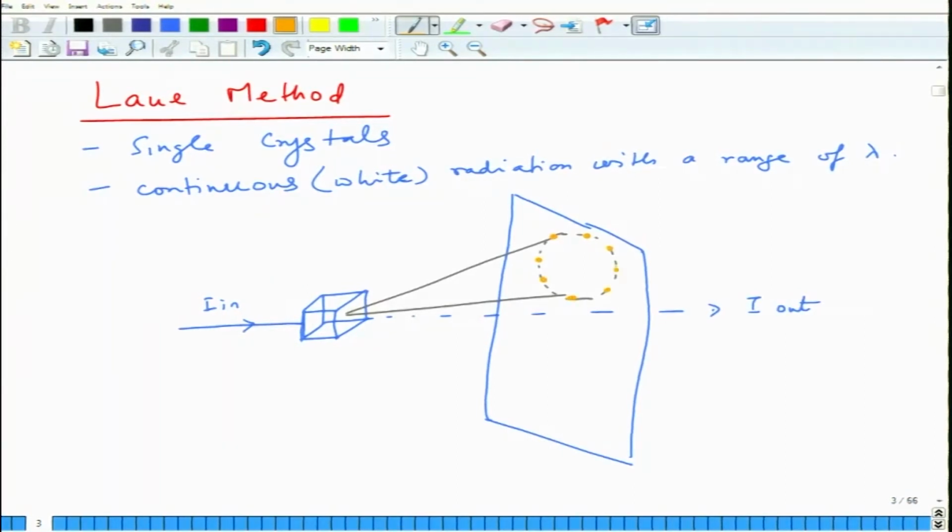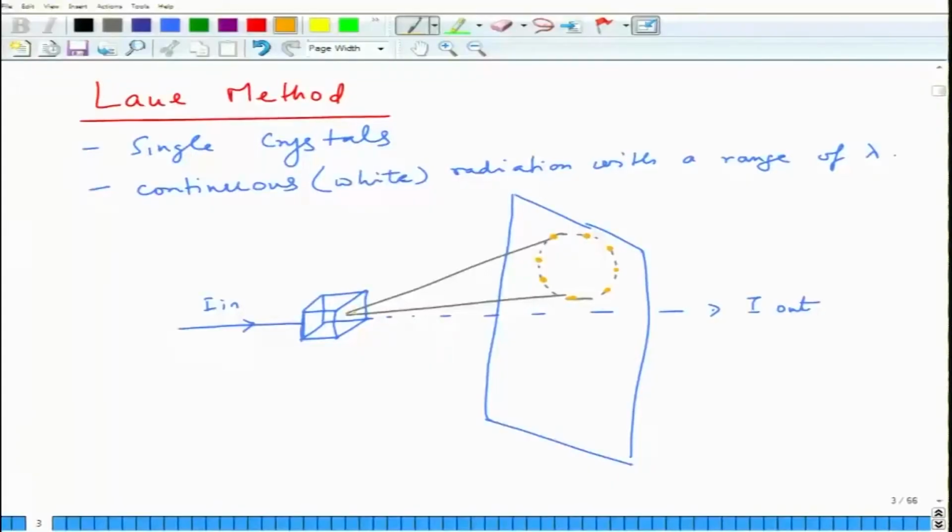Not all planes will diffract, only those planes which make the right angle. Right means not 90 degrees, but the correct or appropriate angle satisfying Bragg's geometry, which means whatever plane is going to diffract must satisfy theta in equal to theta out, and must also satisfy n lambda equal to 2d sin theta.